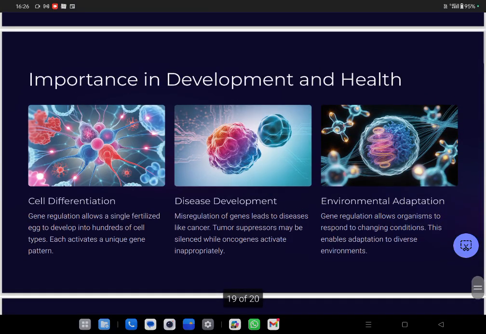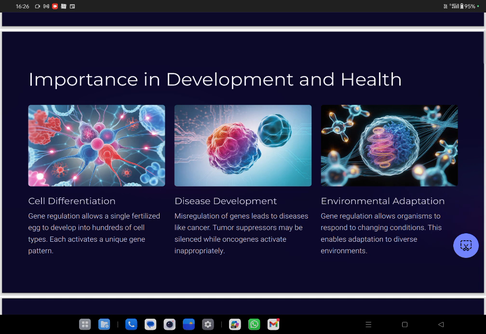So gene regulation is very important in development and health. It helps in cell differentiation. It allows a single fertilized egg to develop into hundreds of cell types, because they may have all the genes, but only a subset of relevant genes is expressed in one type of cell, and a different subset is expressed in a different type of cell.